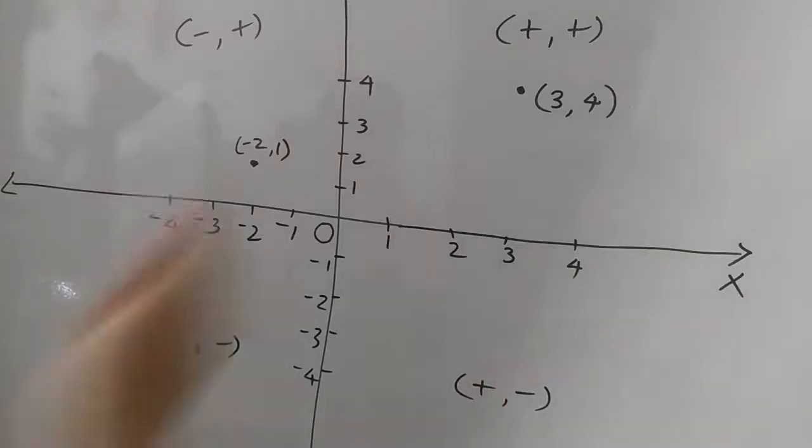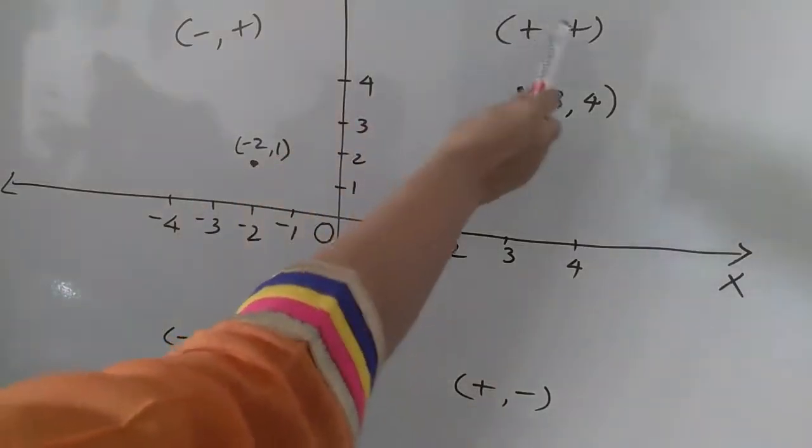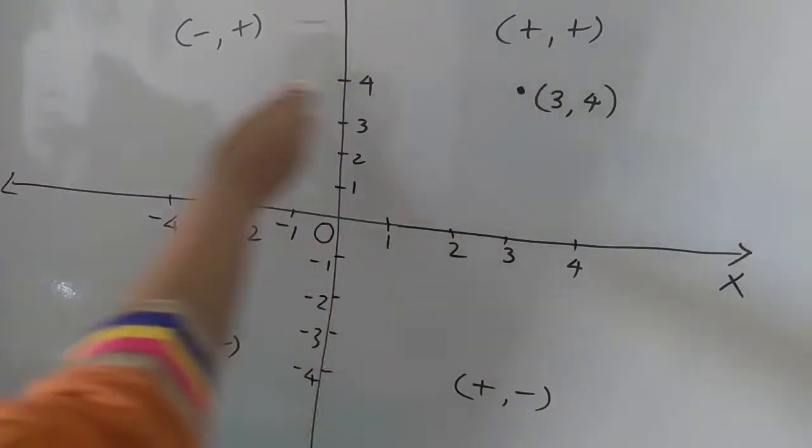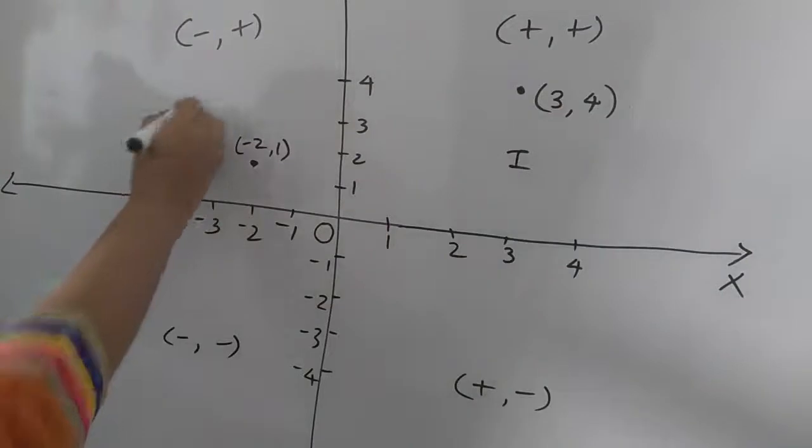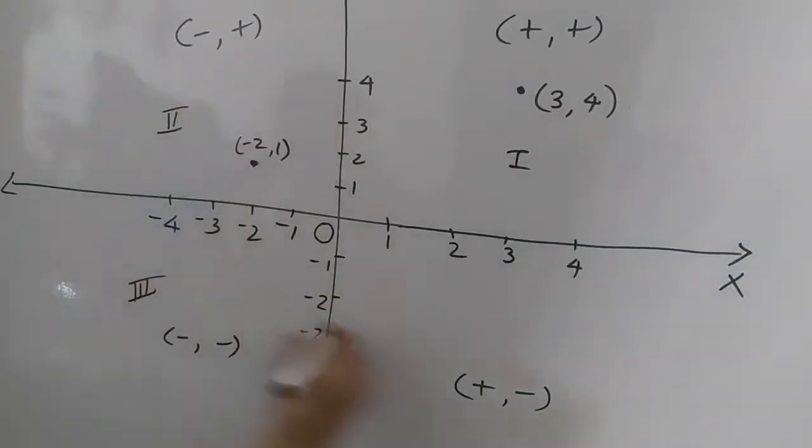So these are the x coordinate and y coordinate and their signs. This is the first quadrant, the second quadrant, the third quadrant and the fourth quadrant, which we have already studied in standard 9th in our Cartesian chapter for coordinate geometry.